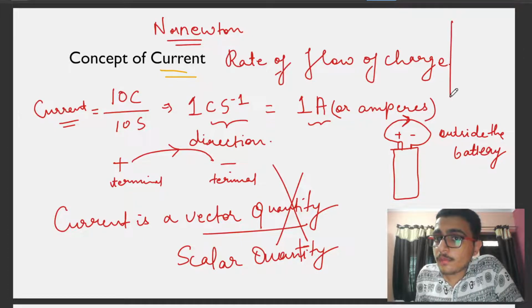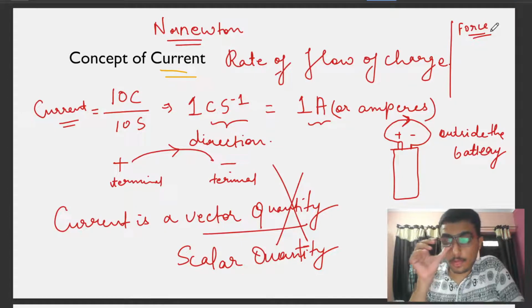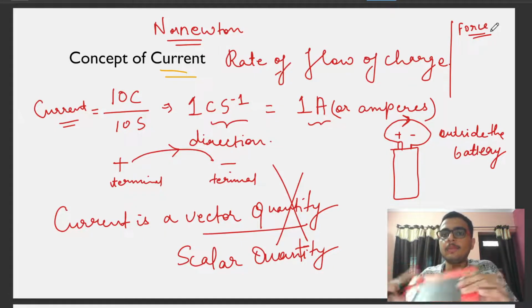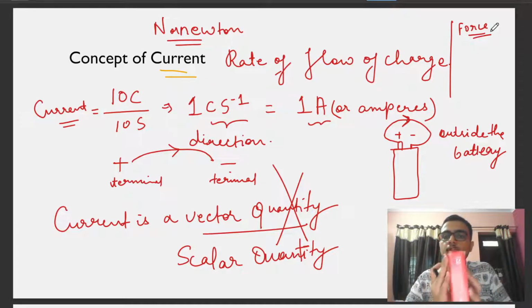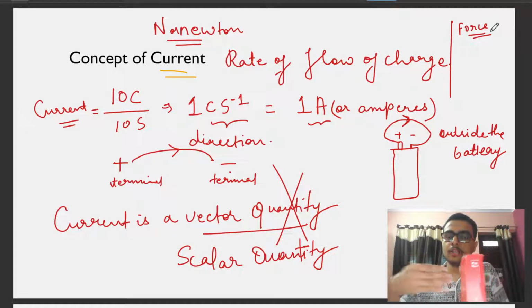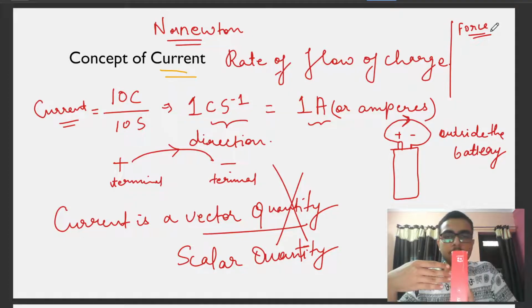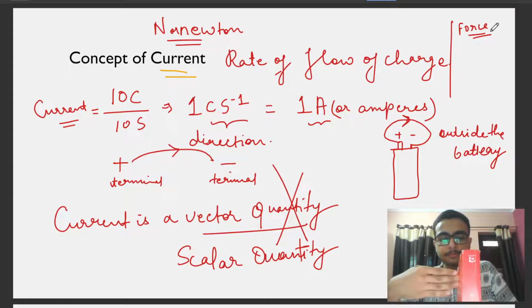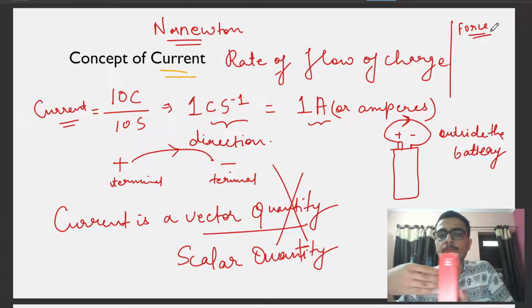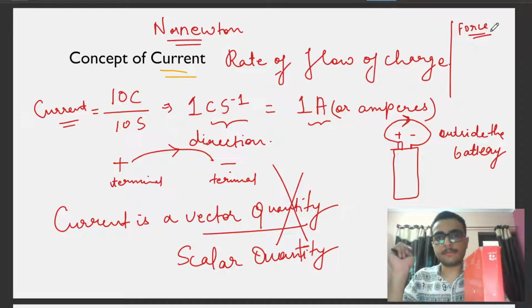My dear children, when I talk about a vector quantity, I hope you can see it here in this corner. Let me say force. When I apply a force on a body, say this block, I am applying the force from this side. So the direction of application of my force is towards my left. Now when I apply this force, this box will move towards the left.